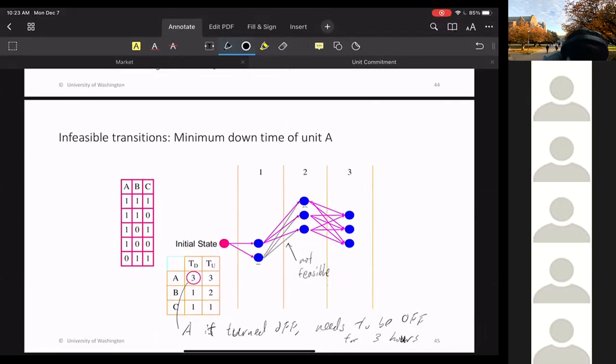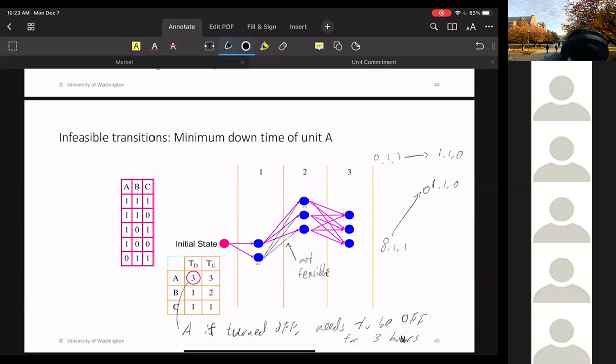So this requires us to go from 0, 1, 1 to something like 1, 1, 0. So we're going from this dot up here, 0, 1, 1 to 1, 1, 0. So the question is, why is this not feasible?